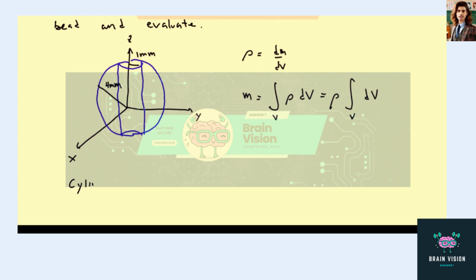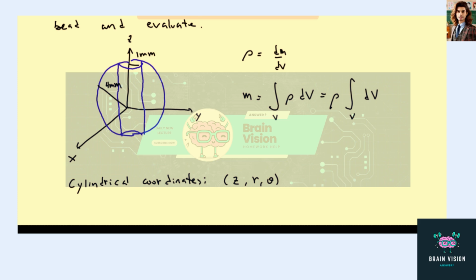So first, let's recall what cylindrical coordinates are. Cylindrical coordinates use coordinates z, r, theta, where z is the same as in Cartesian coordinates, and r is different than in spherical coordinates, because here r corresponds to a radius within the xy plane. So let's say any radius from here to here, as opposed to a radius starting from the origin.